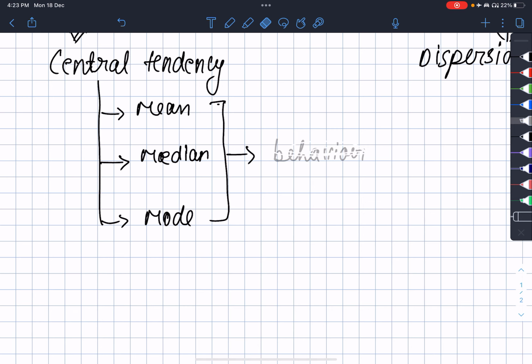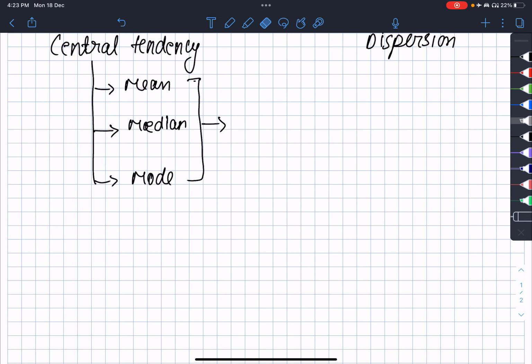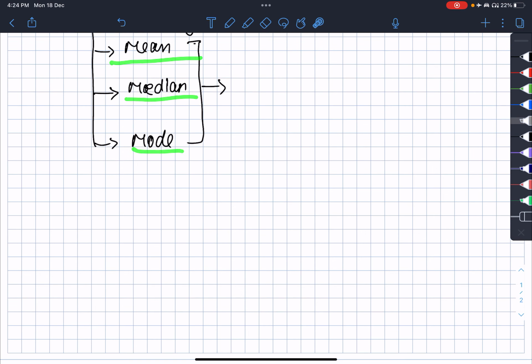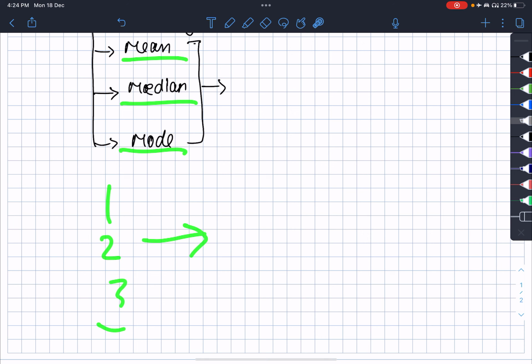This mean, median, and mode represent the data 1, 2, 3 till 10 million. They represent the data, which is x. So the x can be mean, median, or mode.